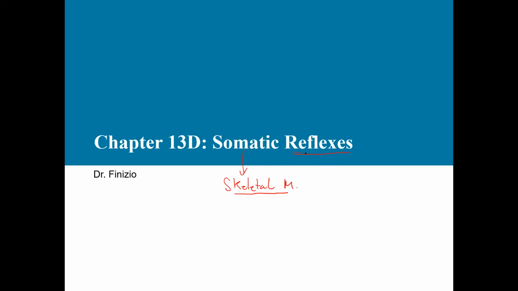So the input does go into the CNS, into the spinal cord, but it doesn't need the brain to voluntarily contract that skeletal muscle. So I want to say automatic, but I don't want to confuse that with autonomic, because it is automatic. It's reflexive, and that's, again, happens without the use of the cerebral cortex, especially part of the cerebrum.